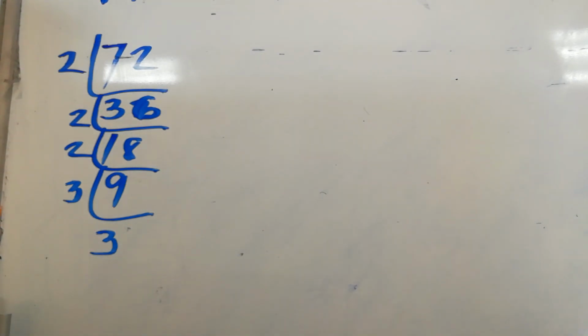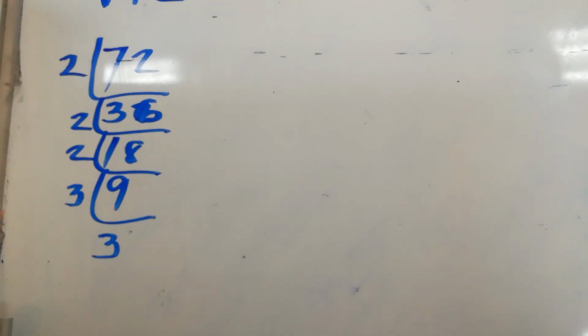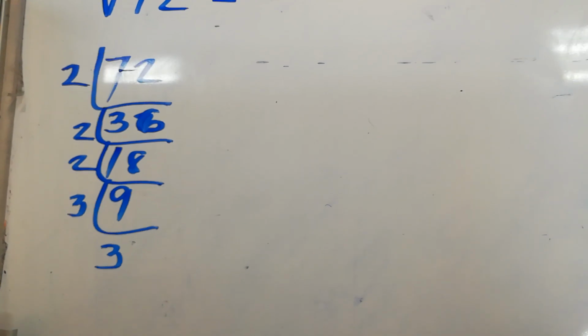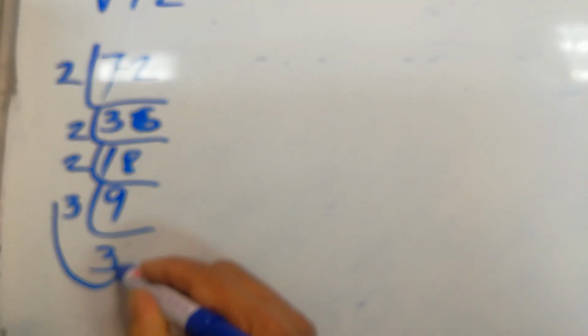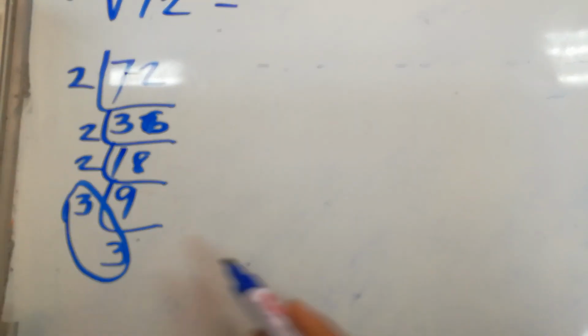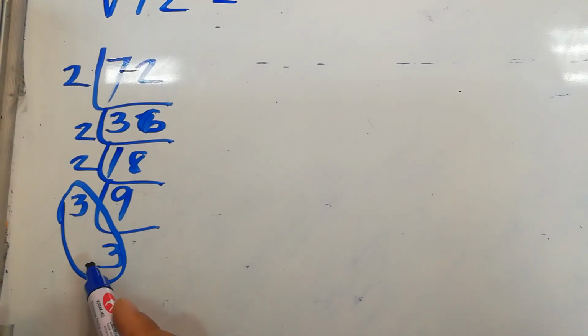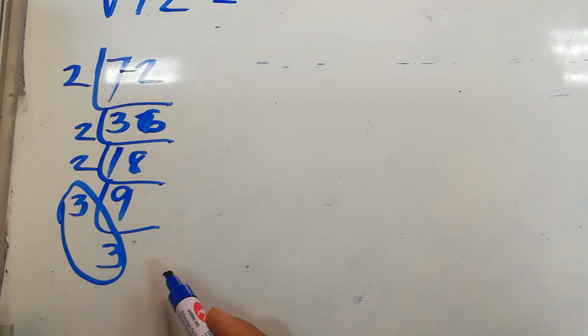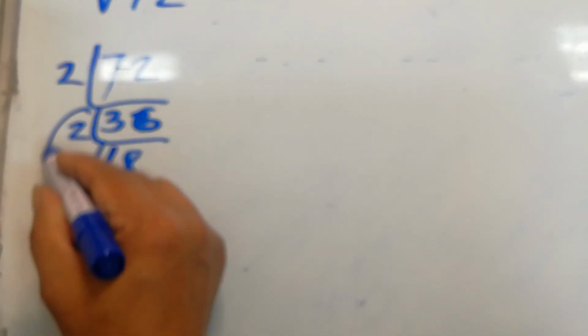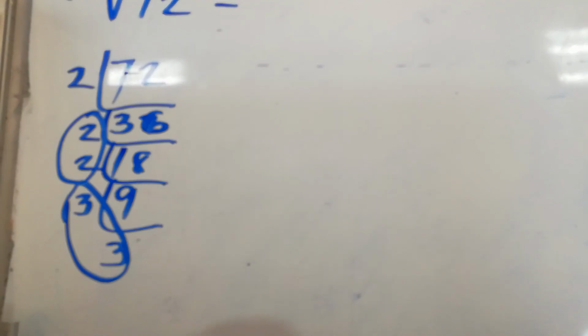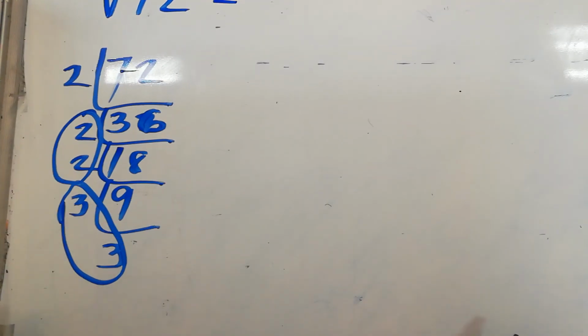Now, how do we identify the greatest perfect square factor? You just group the same prime numbers by 2. So let's see, 3 and 3, one group, meaning 3 times 3 is 9, and 9 is a perfect square. Another is 2 times 2, which is 4, also a perfect square.